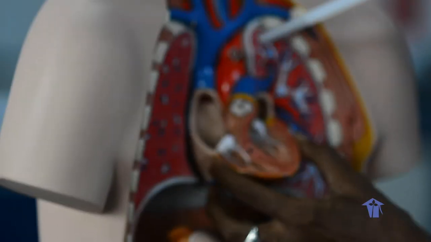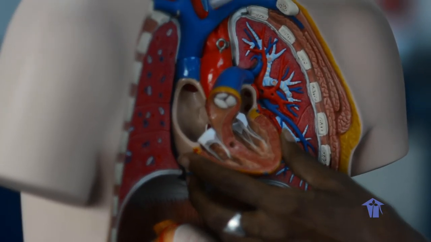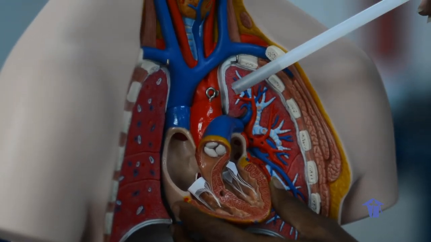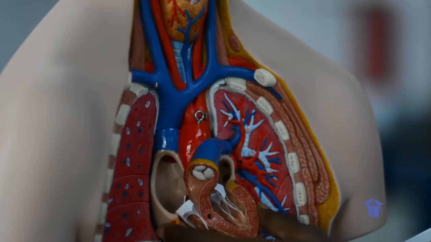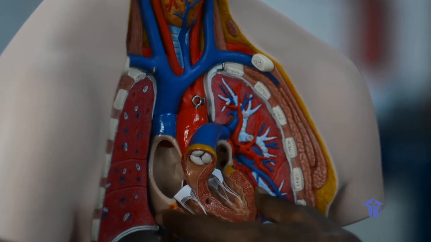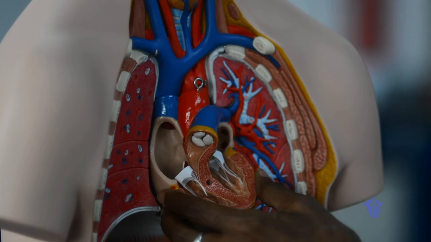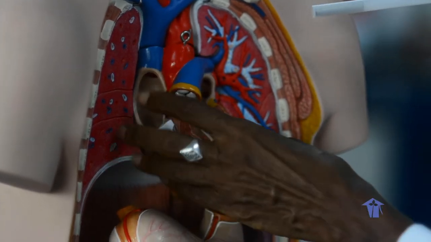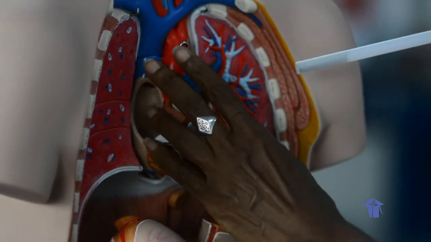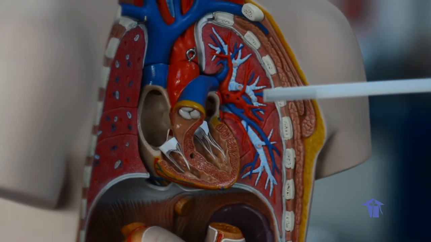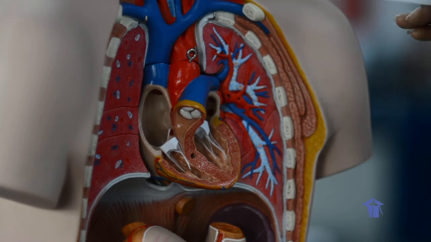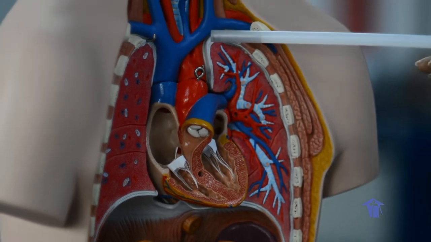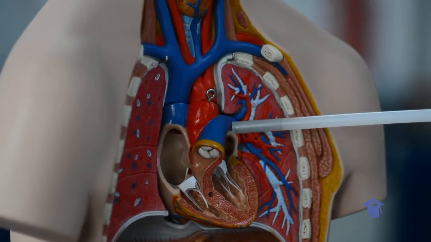The aorta branches several times to supply the organs in the head, and then there are other branches that will supply the arms, the internal organs, as well as the legs. In the model, we can't see all of these different blood vessels, but what we can see are the connections between the main blood vessels that are connected to the heart.